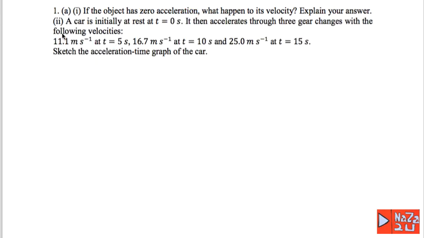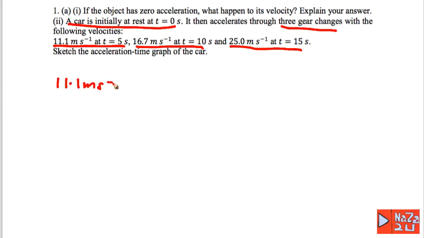Next, look at question number 2. A car initially at rest at t equals 0 then accelerates through 3 gear changes, with velocity 11.1 meters per second at t equals 5 seconds, 16.7 at t equals 10 seconds, and 25 meters per second at t equals 15 seconds.